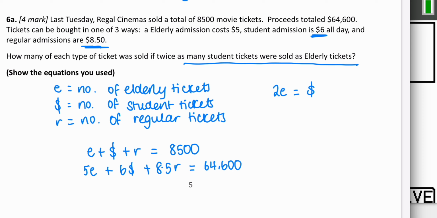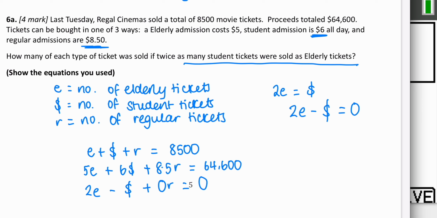You can see for my others, I have E, S, R, and then my number. And I want to put it into the same way. So that means that I have 2E minus S, taking the S to the other side, and that equals 0. Now I have no regular tickets. There's no mention of it here, so that's 0.